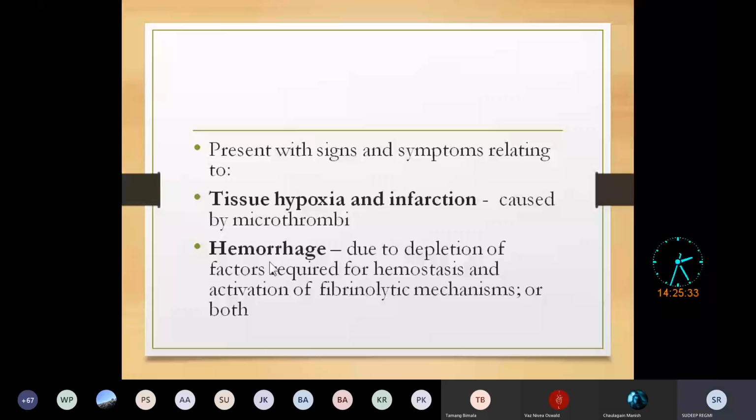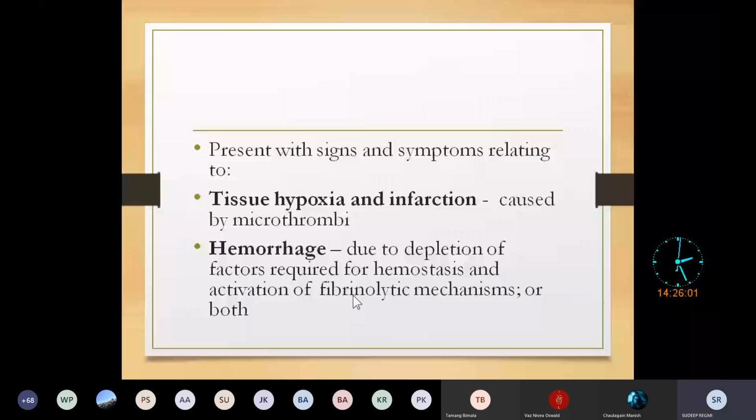Okay, initially it starts as a widespread formation of the thrombi. Widespread coagulation will be there. Later on, there will be consumption of the coagulation factors and the platelets, and secondary activation of the fibrinolytic system. So it will lead to hemorrhage.